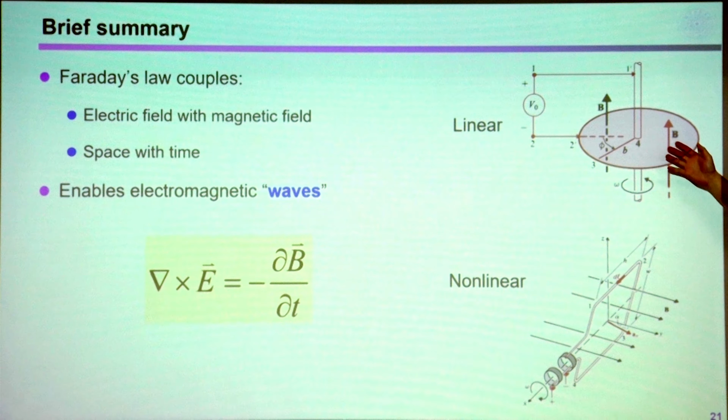This is what Maxwell realized. Well, if we're no longer in statics, then this derivative does not necessarily need to be 0. So do we have a problem with that?